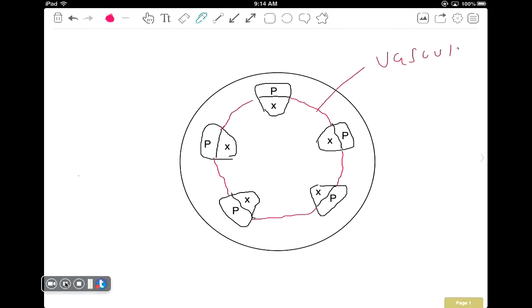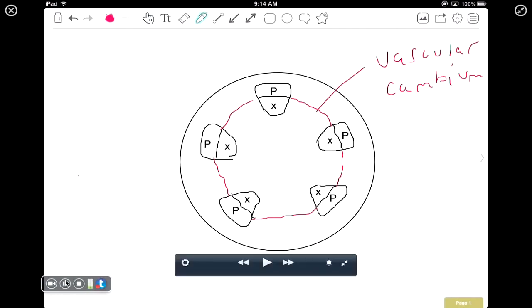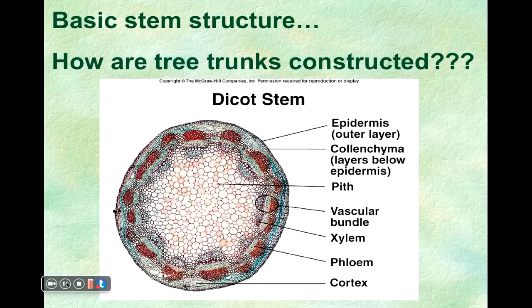So now we have the formation of a vascular cambium. So this vascular cambium, again, is a cylinder of cells found just underneath the bark of the tree. It will divide year after year after year, again, as long as the tree is alive.